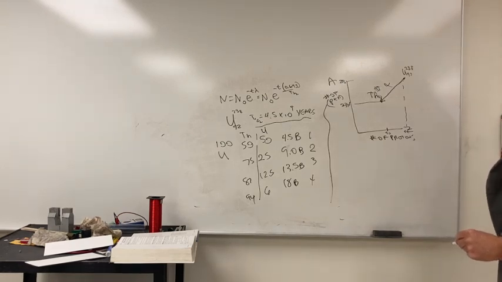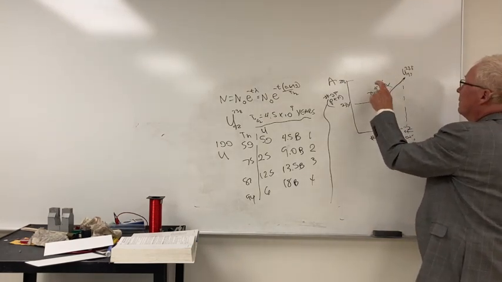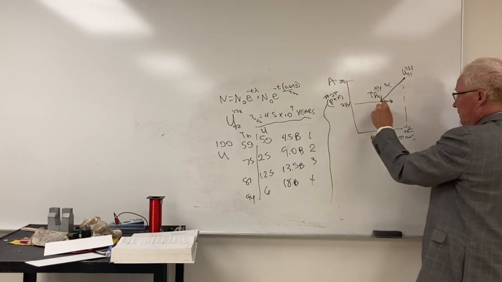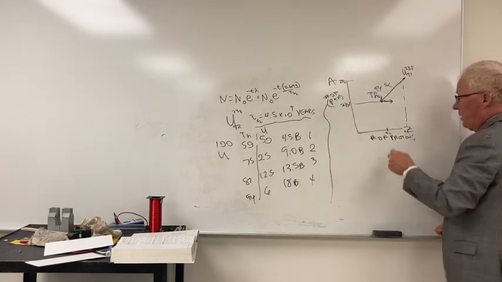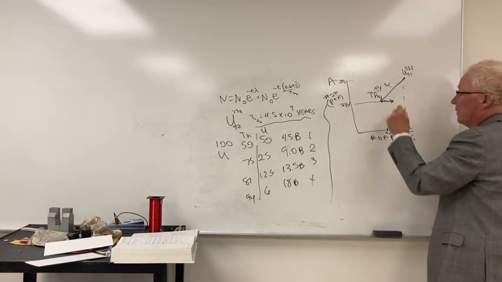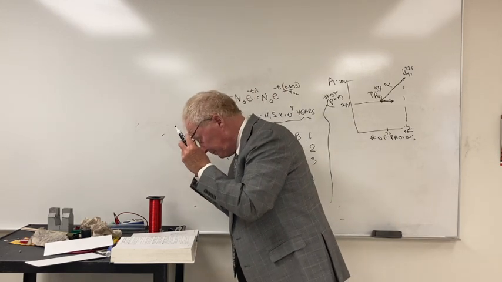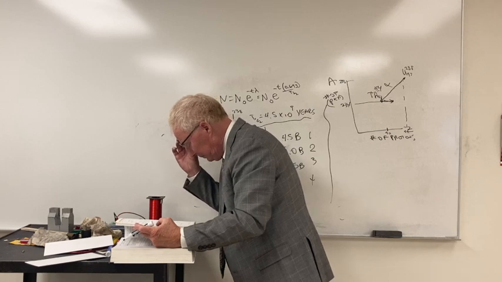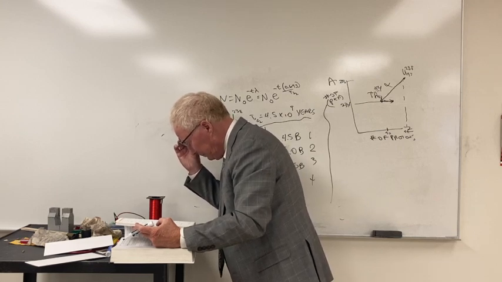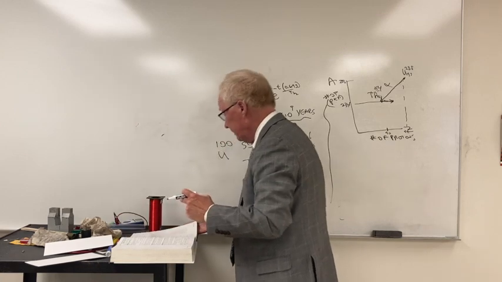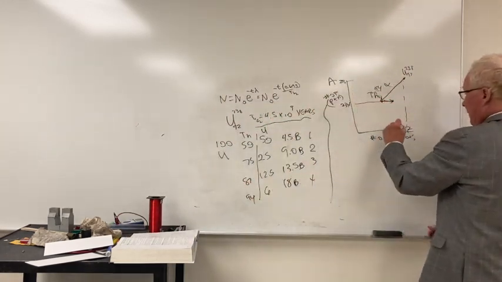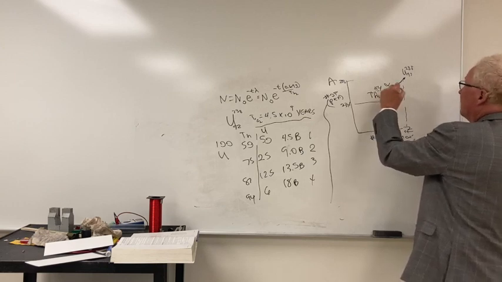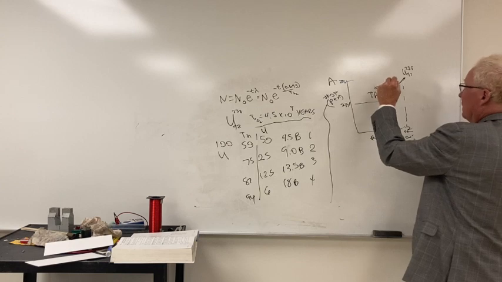Now what thorium-234 does, it undergoes what they call beta decay. So that neutron there decays to a proton, giving protactinium, 91.